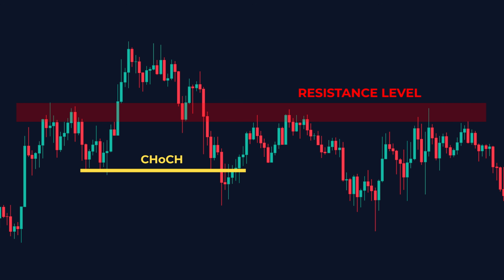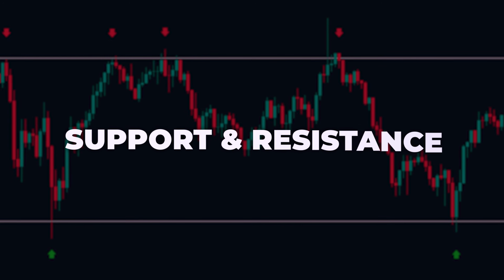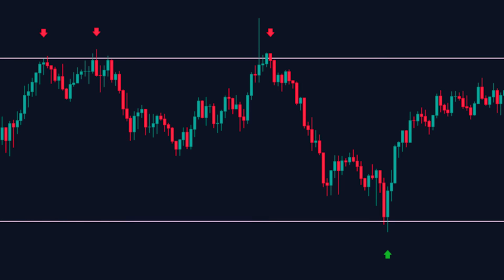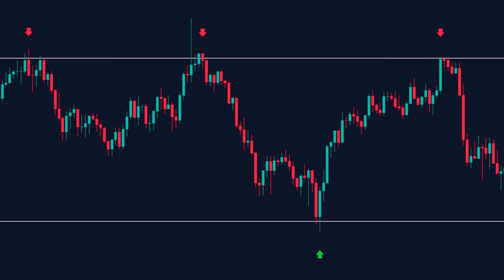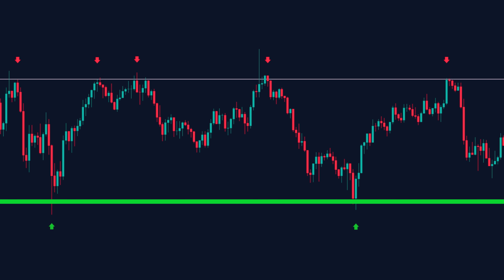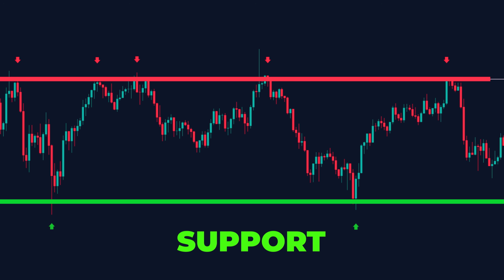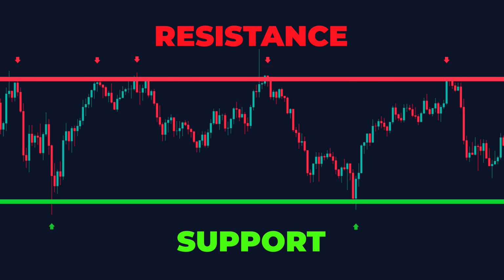That's why many traders combine change of character with support and resistance levels for better confirmation. And speaking of support and resistance, they are some of the most important price levels in trading. Support and resistance are key horizontal levels where price has reacted before and may react again.